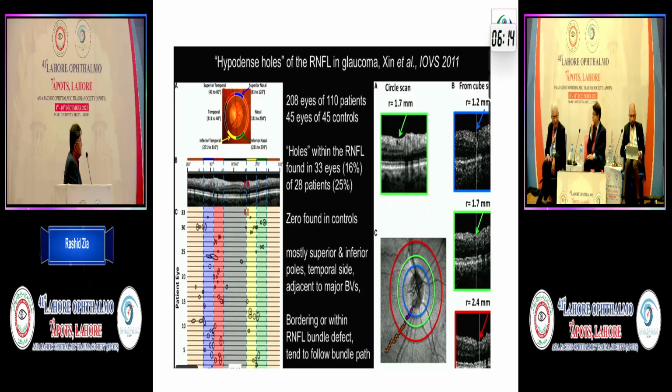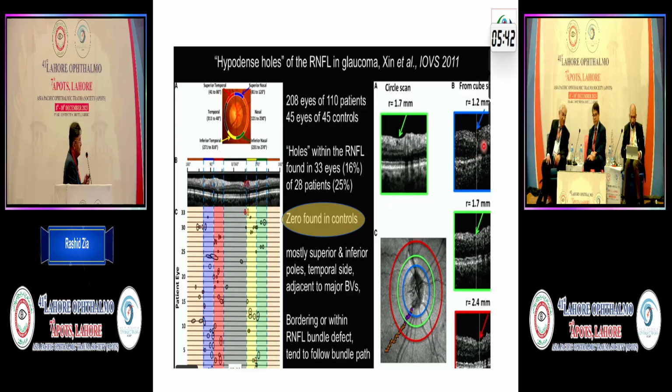Every time they saw a hypodense hole, they would draw its position, looking at the blue, green, and red at different millimeters away from the disc. And you can see the hypodense holes appear in the nerve fiber layer in an arcuate fashion, and this arcuate fashion is very diagnostic of glaucoma. But very interestingly, none of these things were found in the controls.